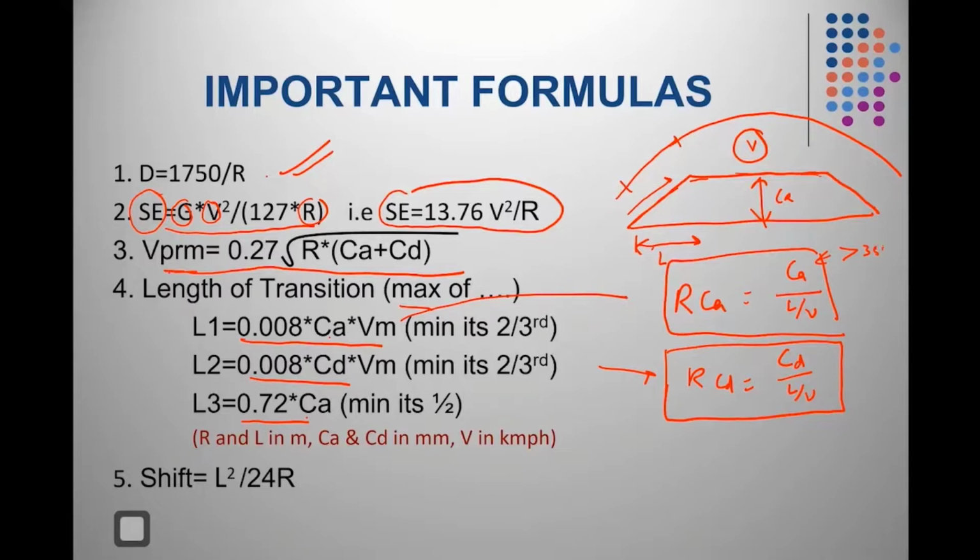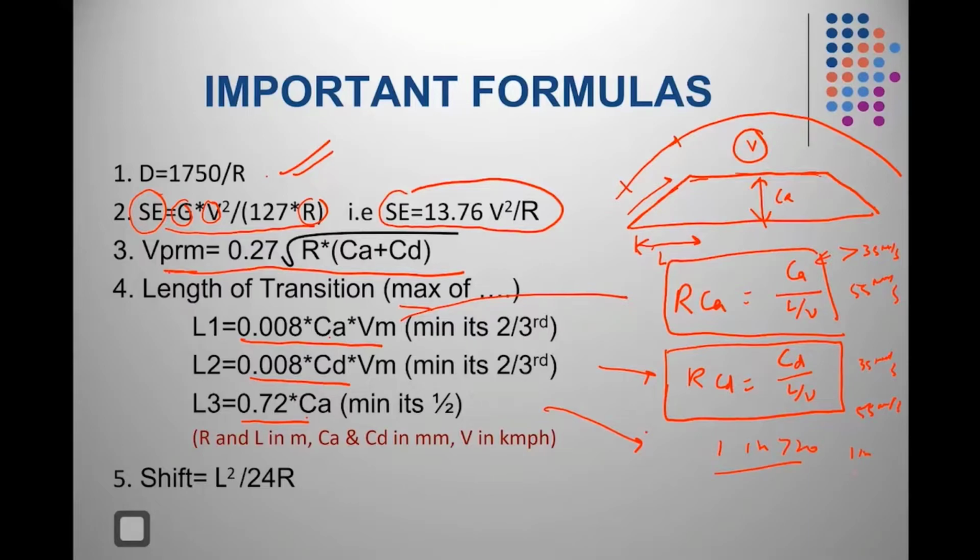This should also not normally be more than 35 millimeter per second. But in exceptional cases, this can go up to 55 millimeter per second. This RCA and RCD can also go up to 55 millimeter per second. Similarly, the cant gradient is normally 1 in 720 in the normal case. In the exceptional case, we say we can go up to 1 in 360.